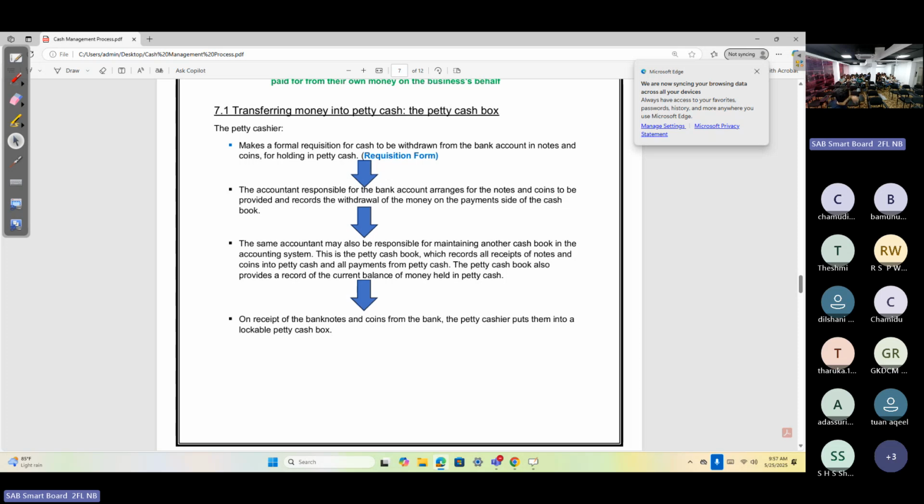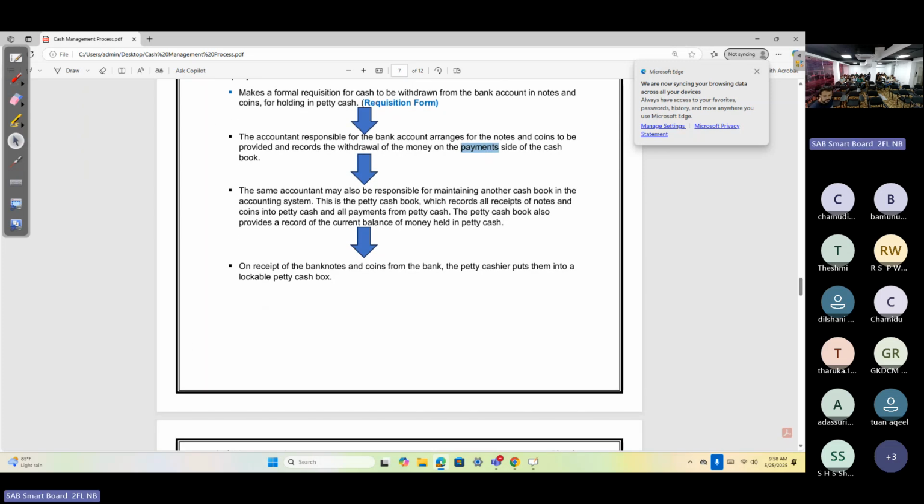Then when he gives the money to the petty cashier: petty cash book debit, cash book credit. The petty cash book also provides a record of the current balance of money held in petty cash.